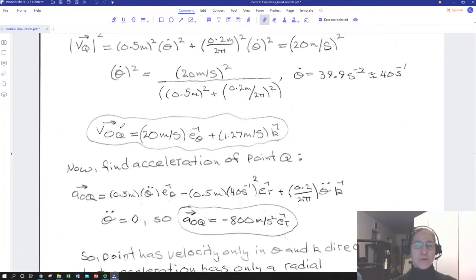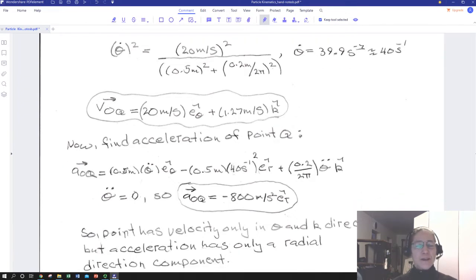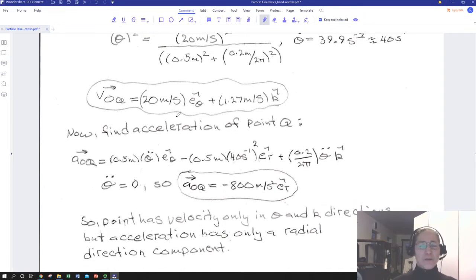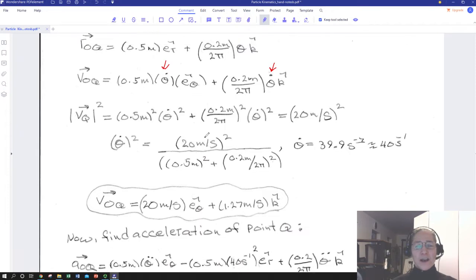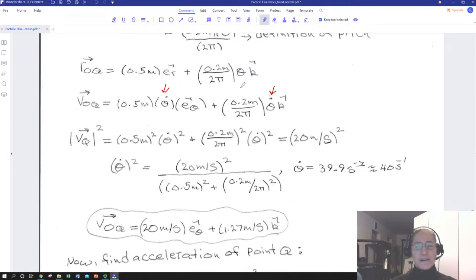So if I wanted to find acceleration from velocity, I would take the derivative of a product and add that to a derivative of another product. So let's just go ahead and start that. So to find, let's go back to our velocity expression in terms of theta dot.